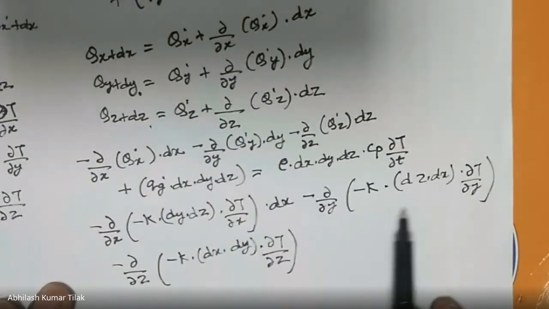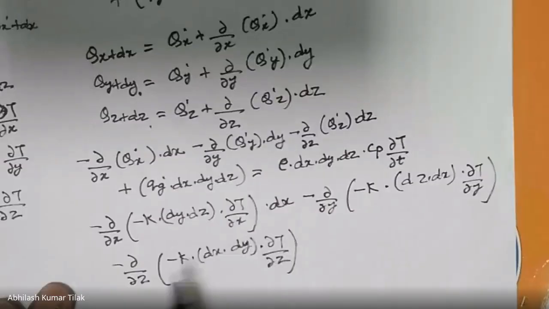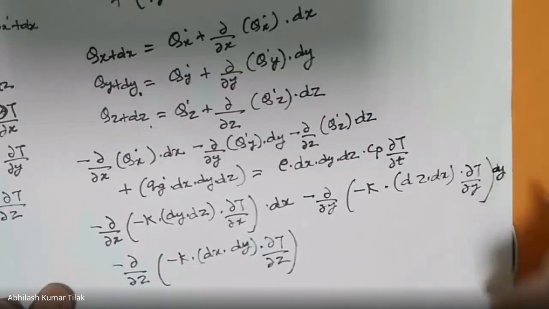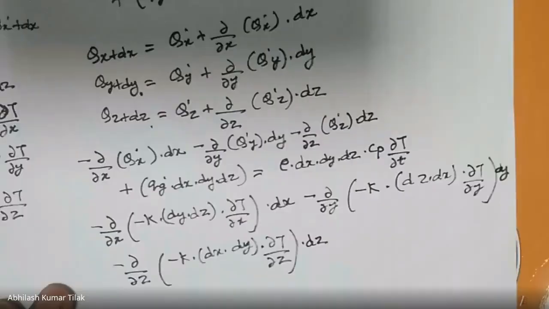In the second term, you have not multiplied with dy. Okay, dy here and dz here. Yes, sir.